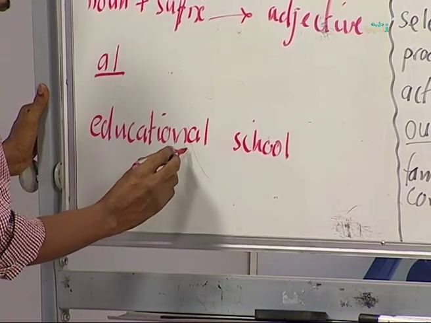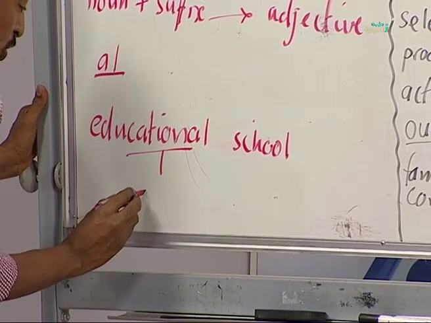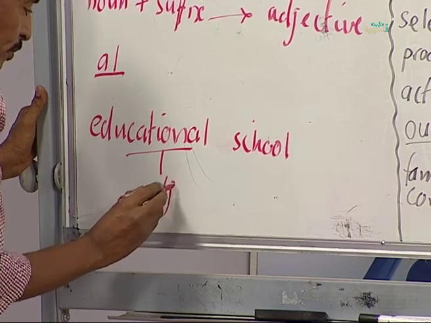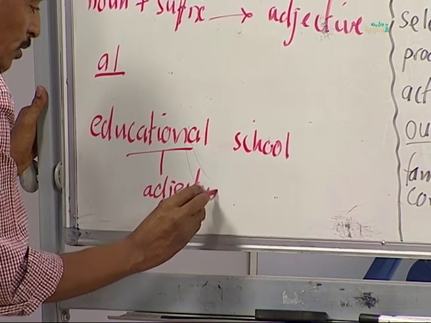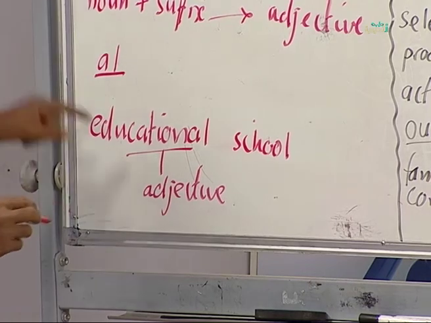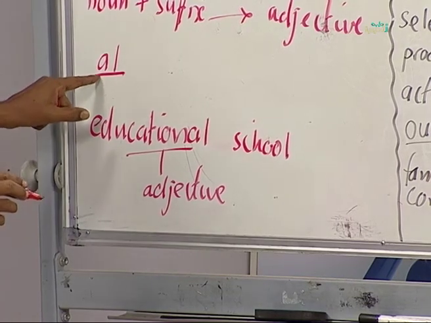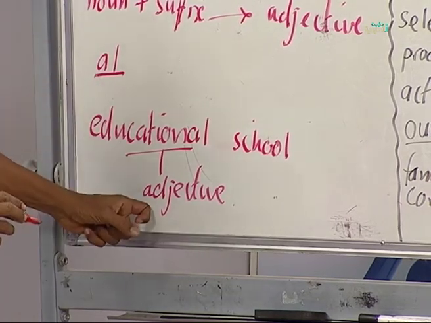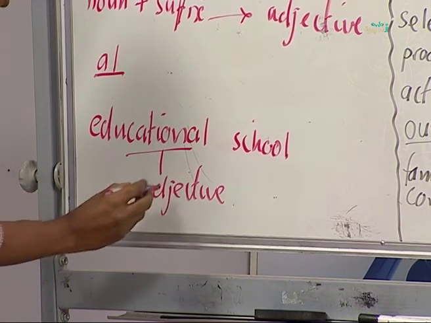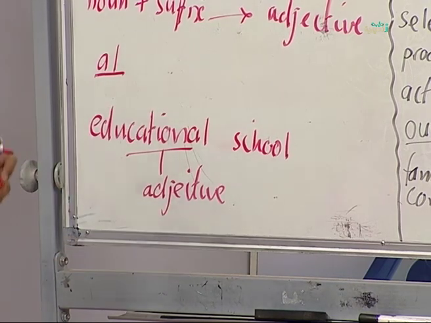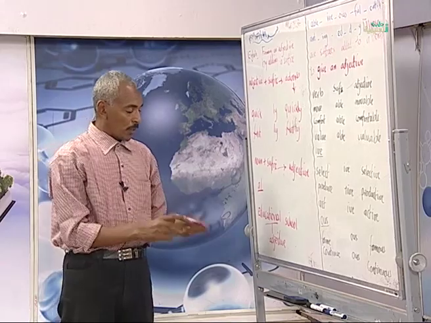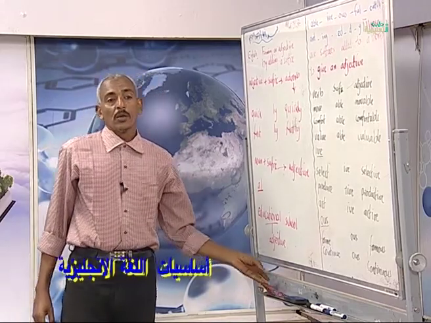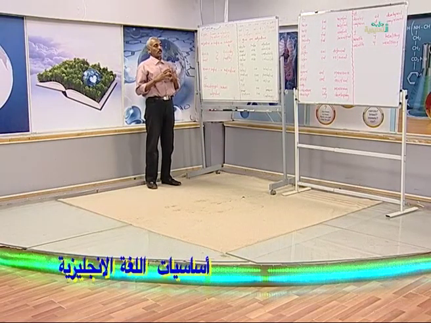In this matter, educational here is an adjective. Noun by adding al is going to be an adjective, and we add it to another noun. Until here, we are going to stop.